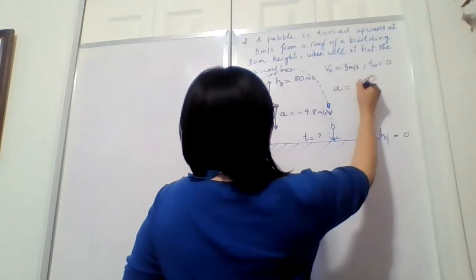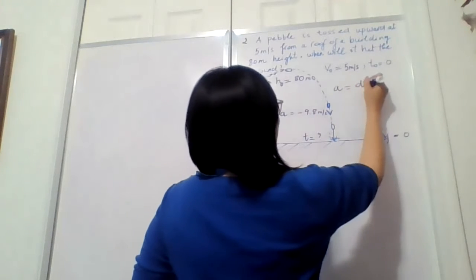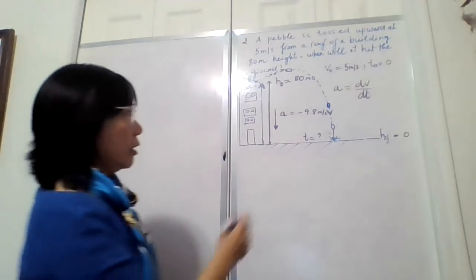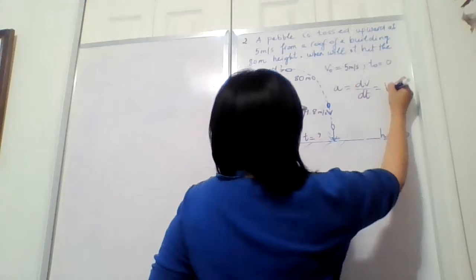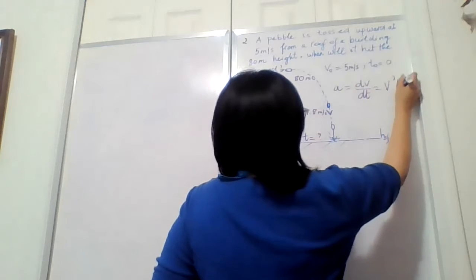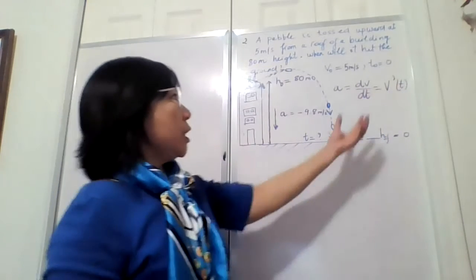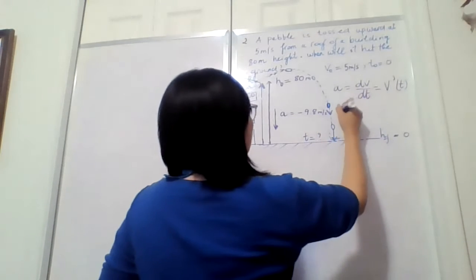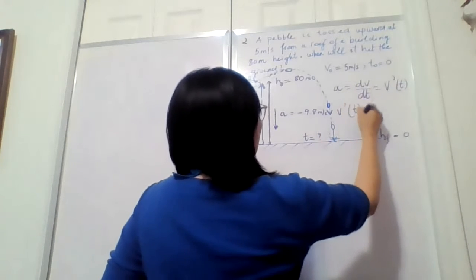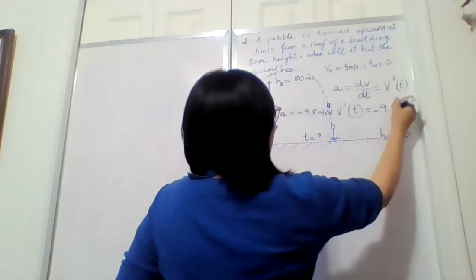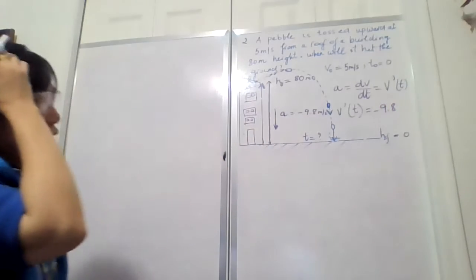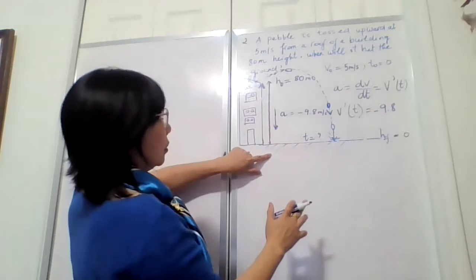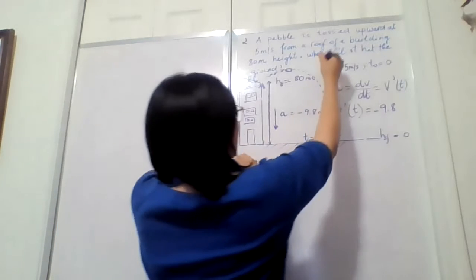So a equals dv over dt, which is the rate of change of the velocity, and also the same as v prime of t. So the velocity changes with respect to time, v prime of t, and this v prime of t equals minus 9.8, never changing, right?